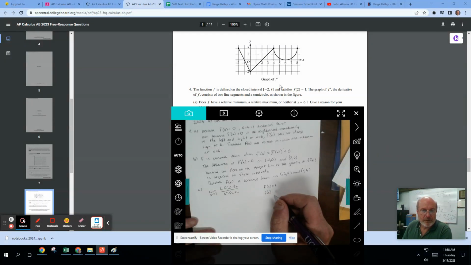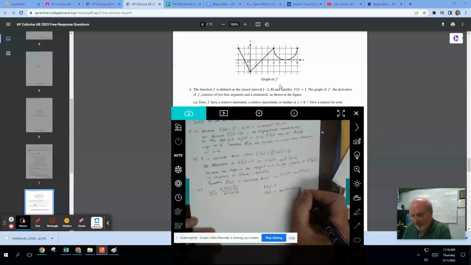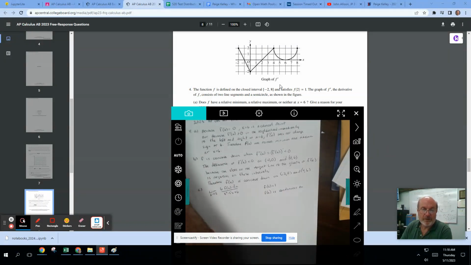F of x is continuous on -2 to 8, because if we took the integral from 2, this area adds up infinitely small, accumulates, so the accumulation function.